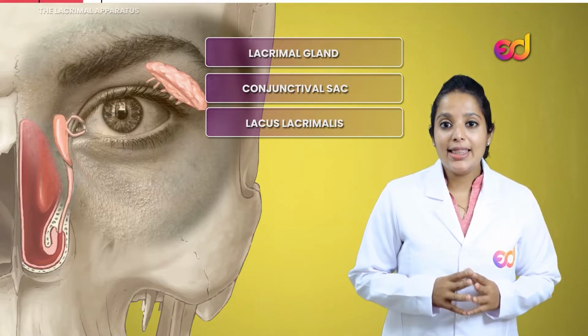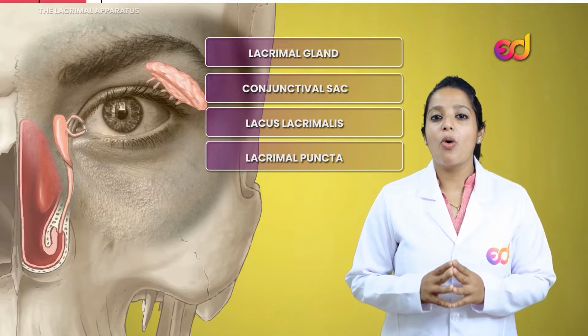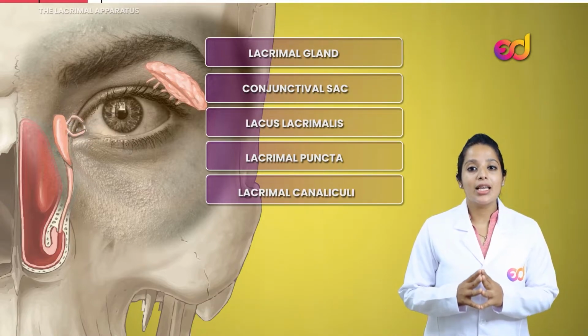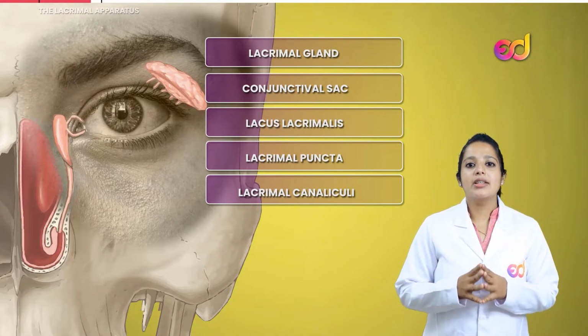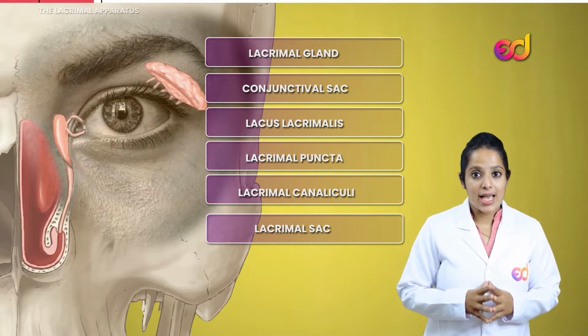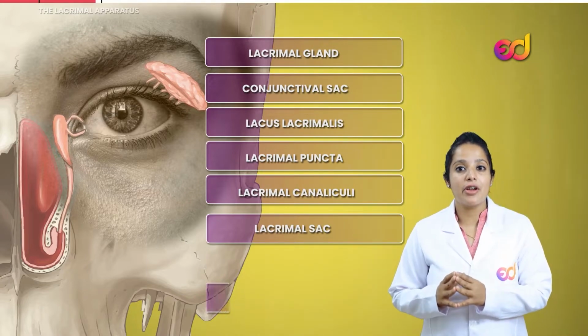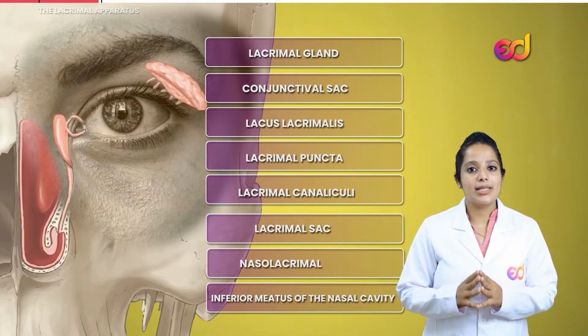From here, it then passes through the lacrimal puncta into a narrow tube, also known as lacrimal canaliculi. Well, these canaliculi are in turn open to the lacrimal sac. From the lacrimal sac, it then drains into the inferior meatus of the nasal cavity through the nasolacrimal duct.